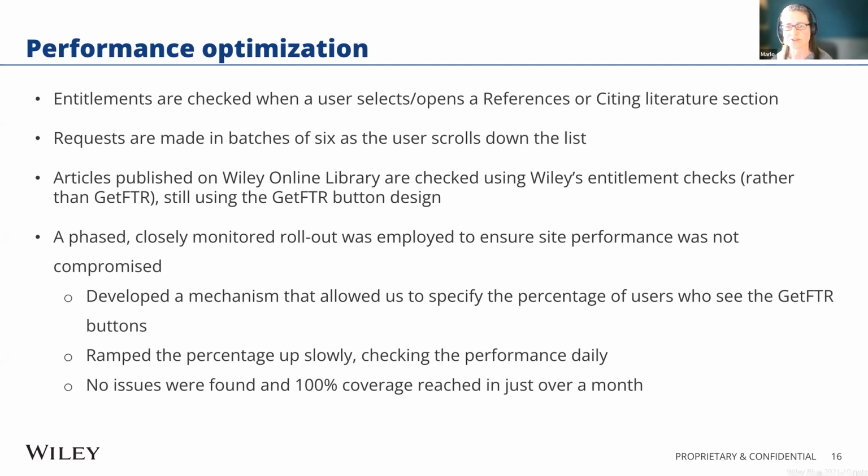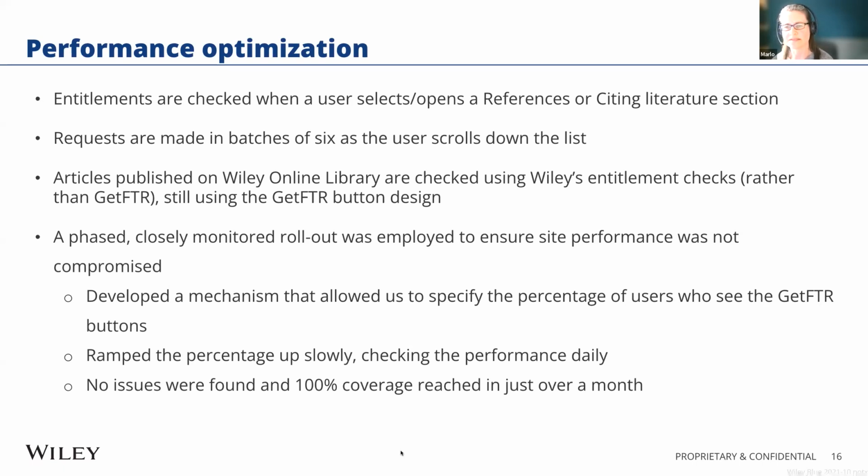This was more about making sure that our front end could handle the implementation at scale, because front-end performance is always a concern when adding a new feature to an article page due to the scale of the content and the number of pages. So here are some things we did to try to maintain some of that performance integrity.